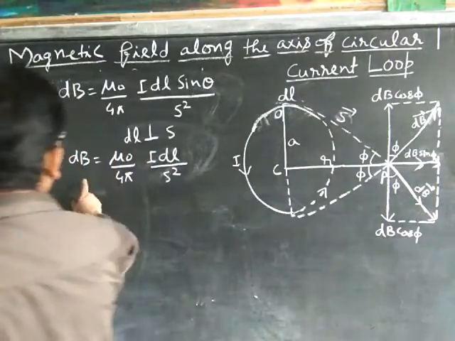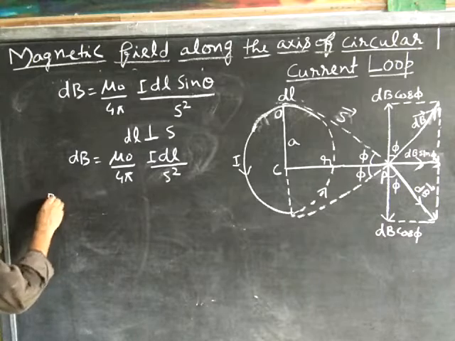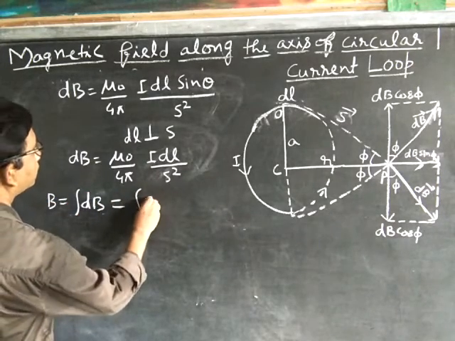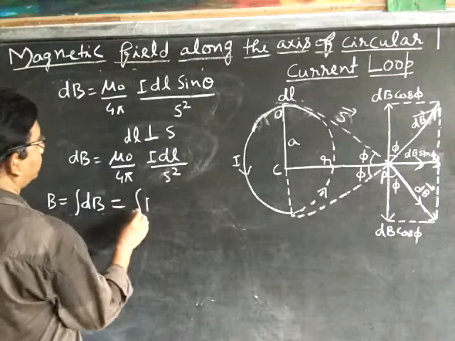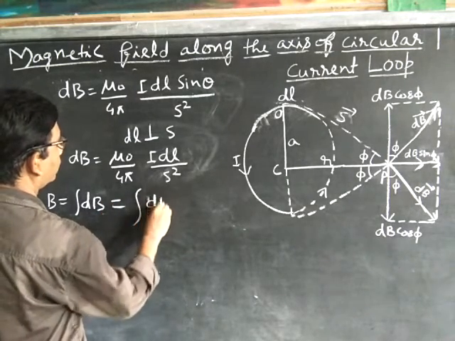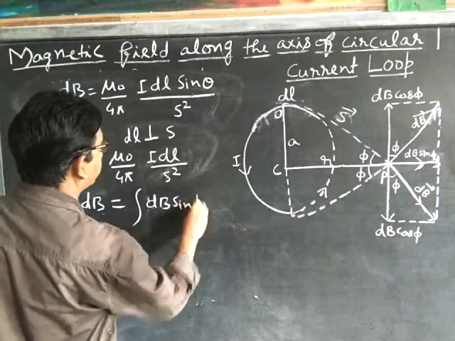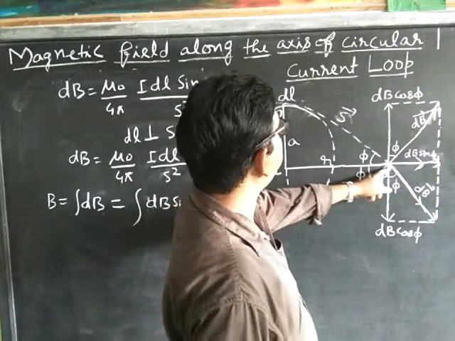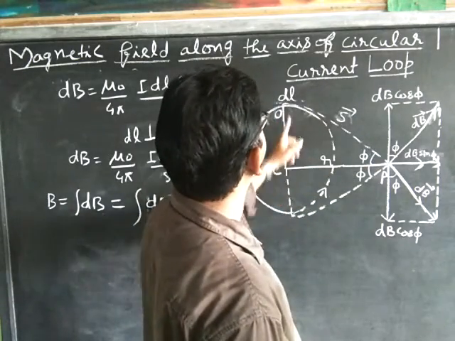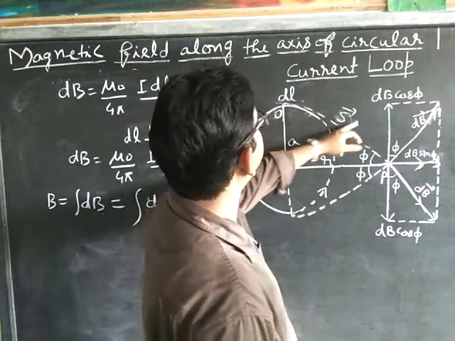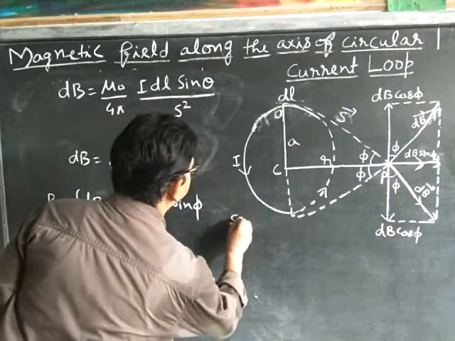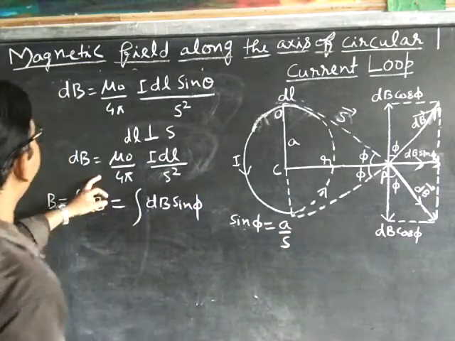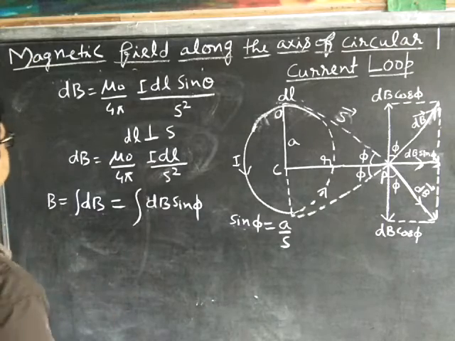Thus we can write, we will integrate this equation, that is B is equal to integral of dB sin phi. Now from triangle OCP, sin phi is equal to perpendicular upon hypotenuse, that is A upon S. Put the value of dB and sin phi in this equation.